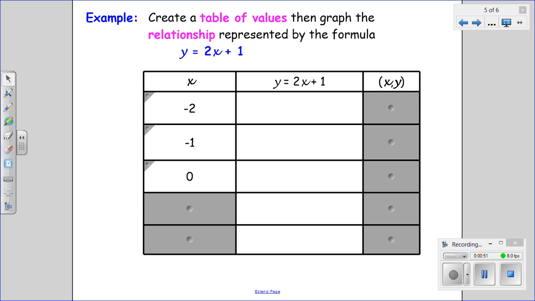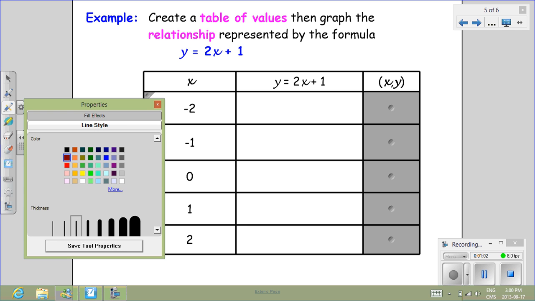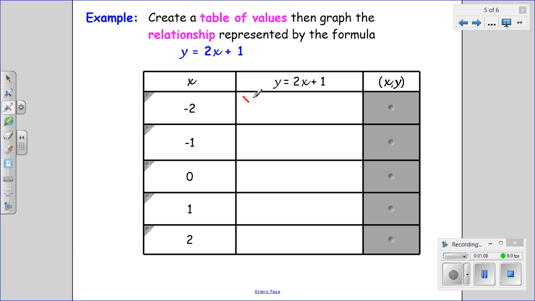So we're going to start with an example. We've chosen our x values to be -2, -1, 0, 1, and 2. In order to solve for the y values, for the formula y equals 2x plus 1, we need to substitute in our x values.